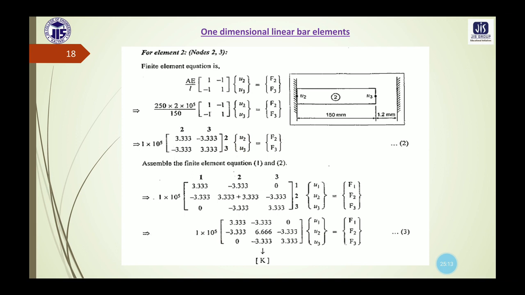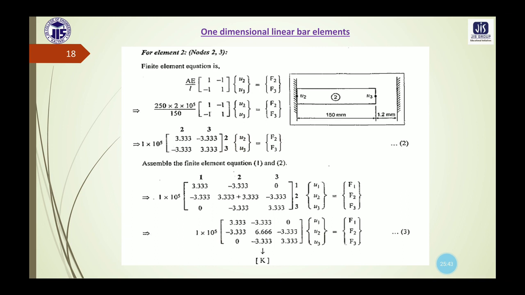So for that we can write the finite element equation as A2 E2 by L2 multiplied by the symmetric matrix, and here the nodal displacement matrix will be U2 and U3 because the nodes corresponding to this element 2 are 2 and 3, and the forces will be F2 and F3. So after putting the values of the area, Young's modulus and length, we are getting equation number 2 here.